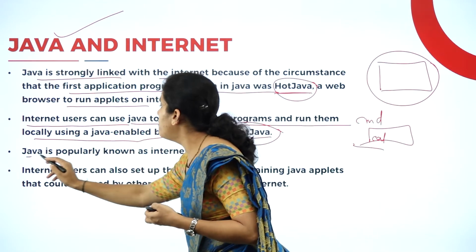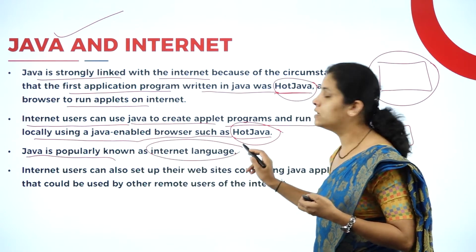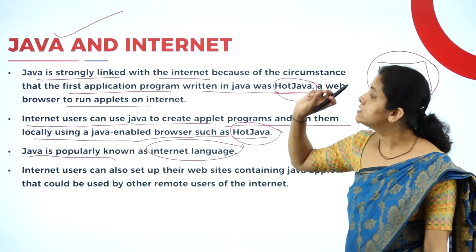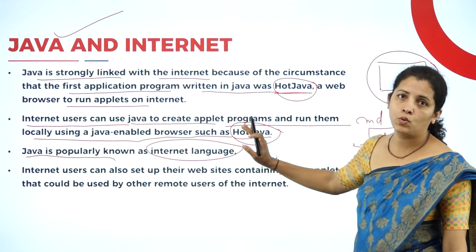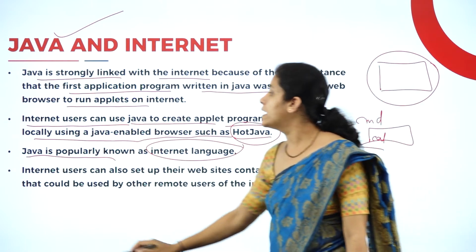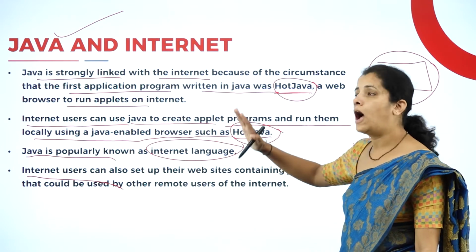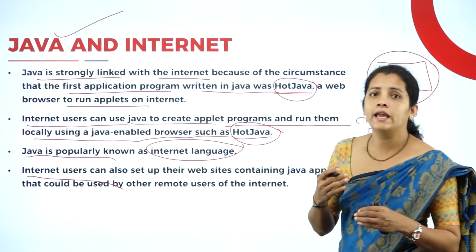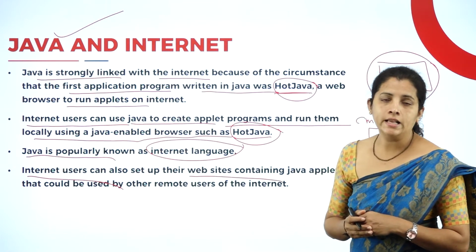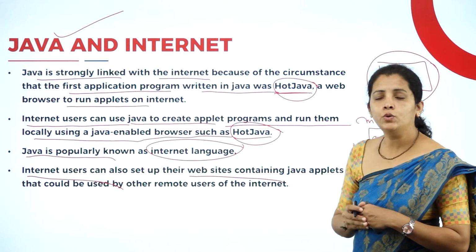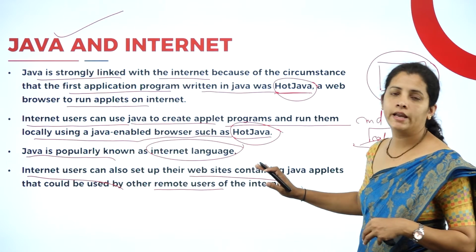Java is popularly known as the internet language. That means Java programs are recognized as an internet programming language. So the internet user can write their own applet programs and create their own website which contains Java applets that could be used by other remote users of the internet.